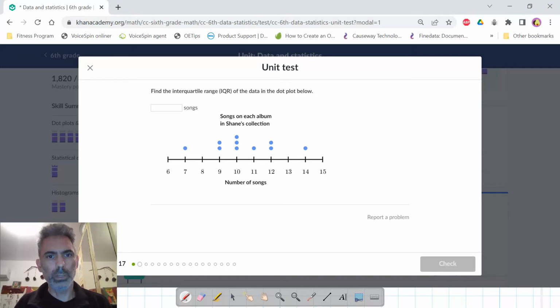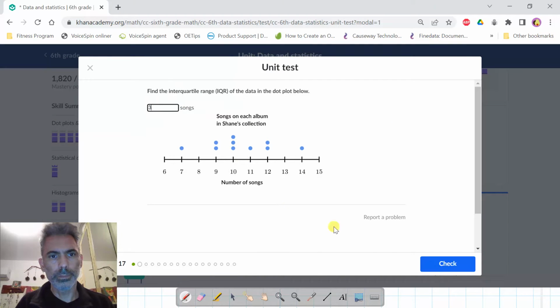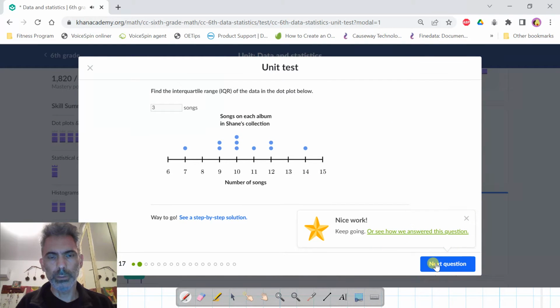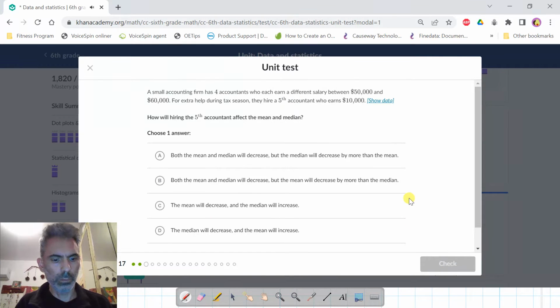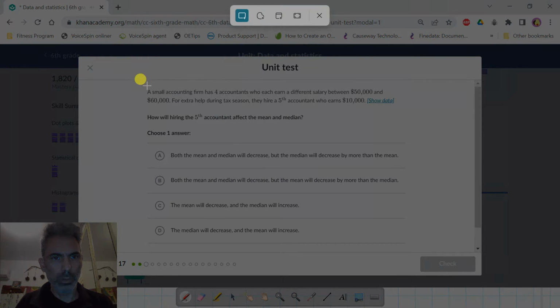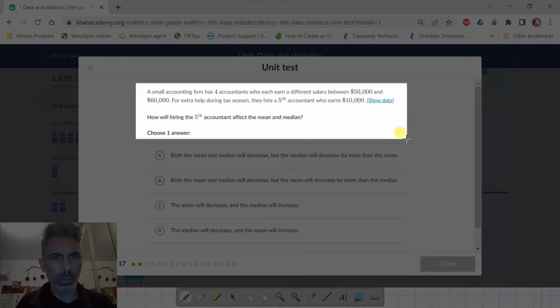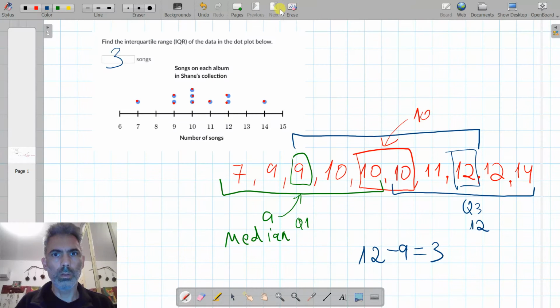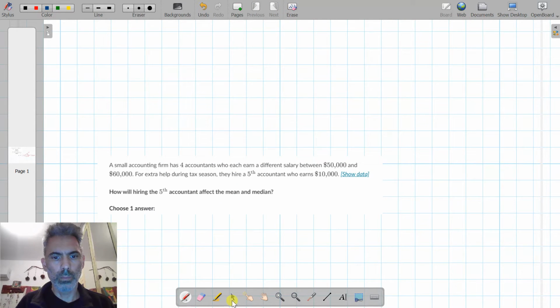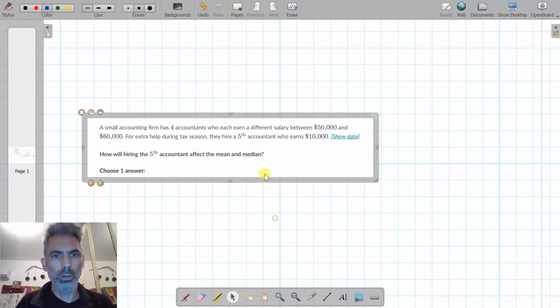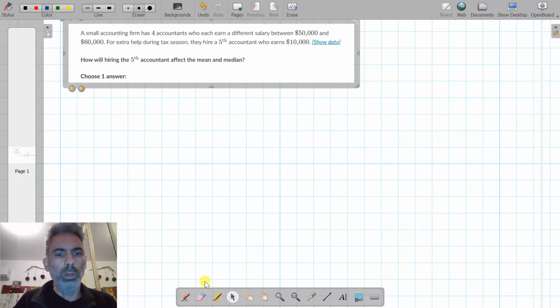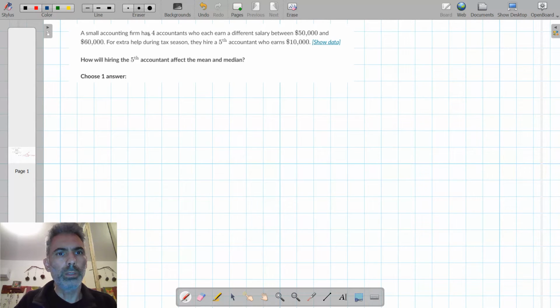Let's see if this is correct. A small accounting firm has 4 accountants who each earn a different salary between $15,000 and $60,000.